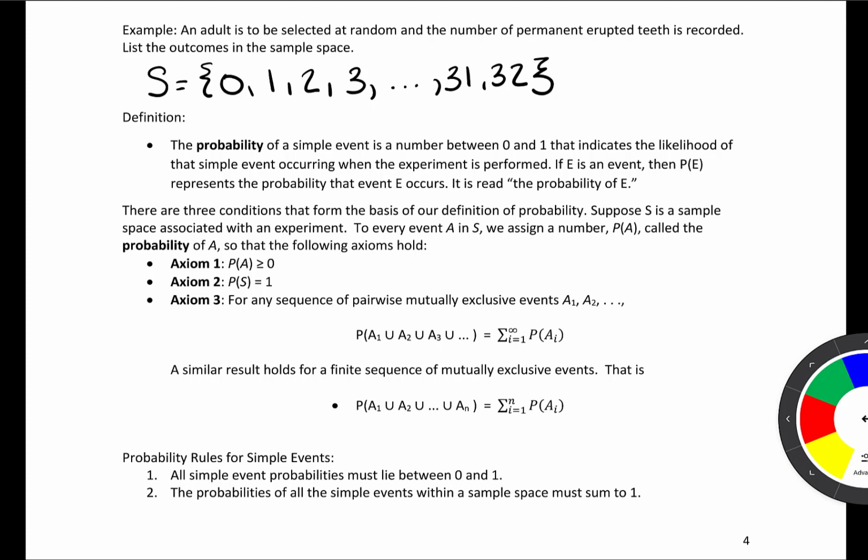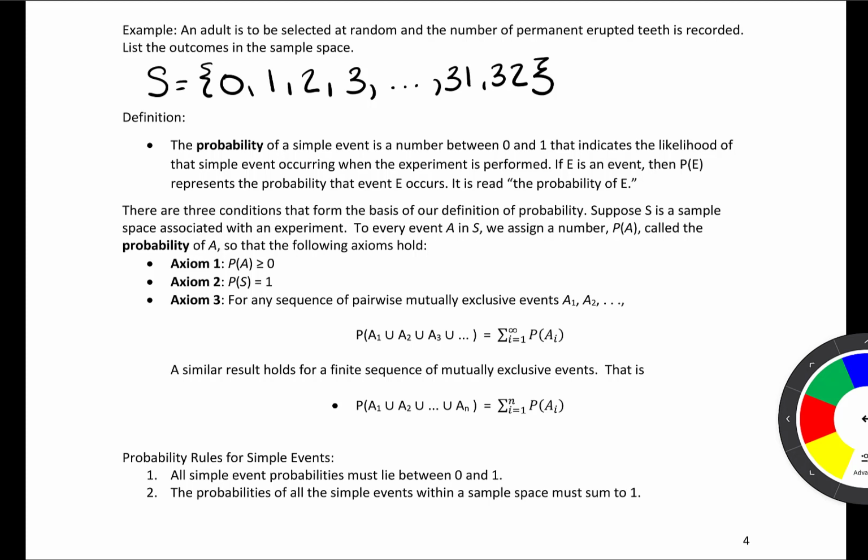The probability of the whole sample space is 1. And then for any sequence of pairwise mutually exclusive events, a similar result holds. So what we're saying here is if we have mutually exclusive events and we look at the probability of their union, this is going to be equal to the sum of the probabilities.